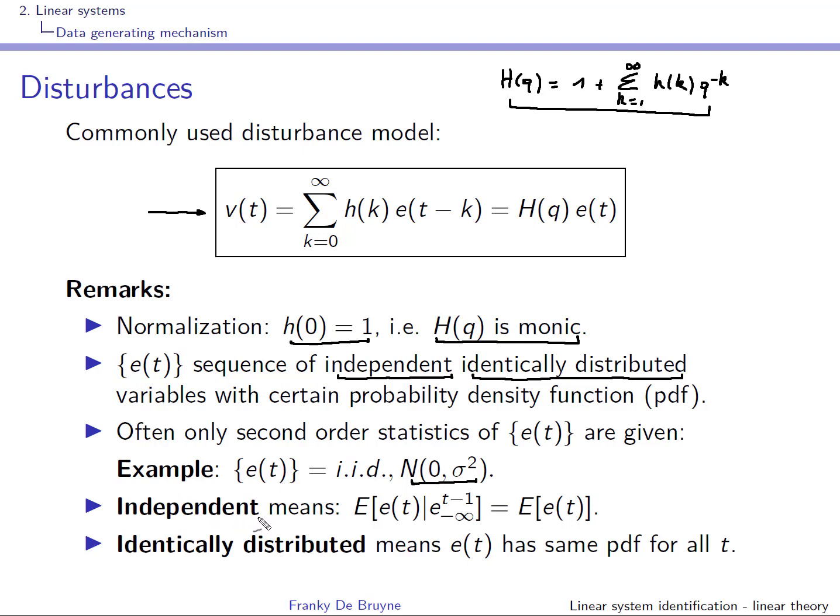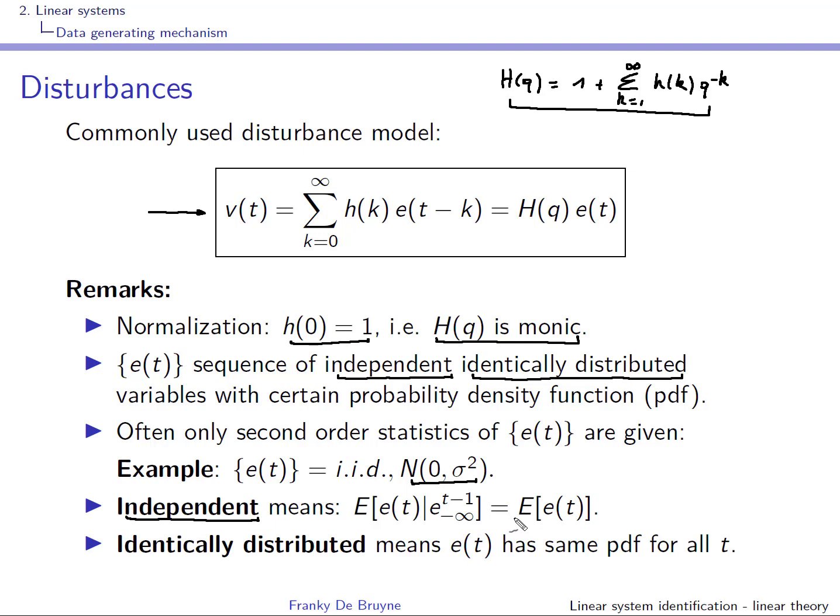So, definition of independent. Well, this means that the expected value of e of t, knowing all the values of e of t up to time t minus 1, is exactly the same as the expected value of e of t if you do not know these previous values.